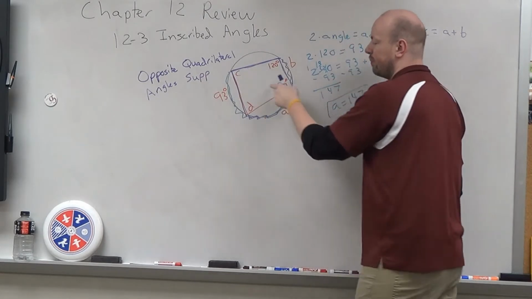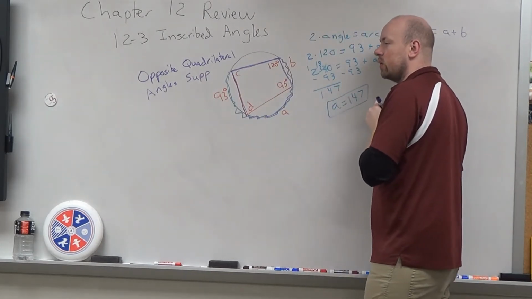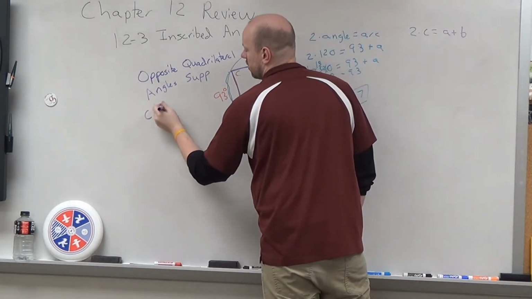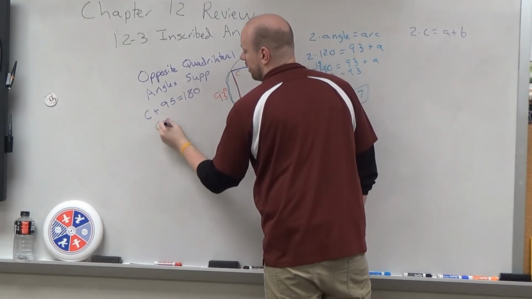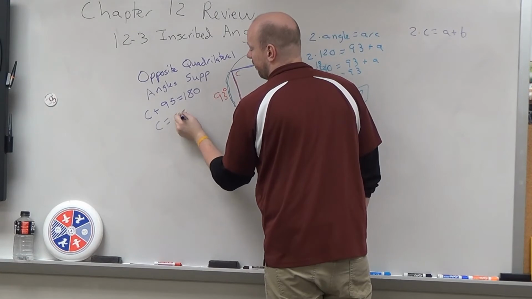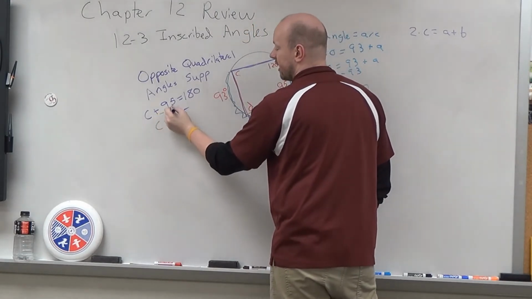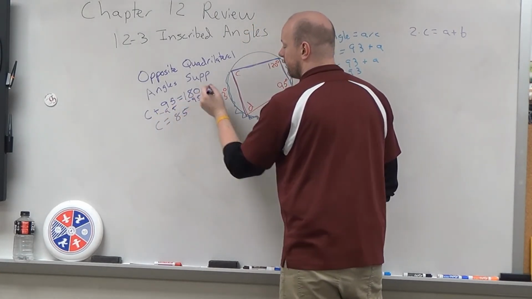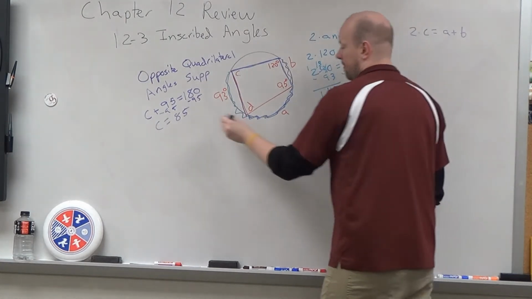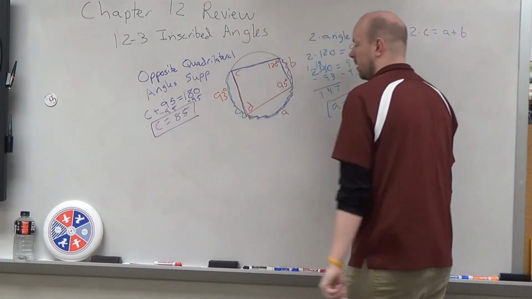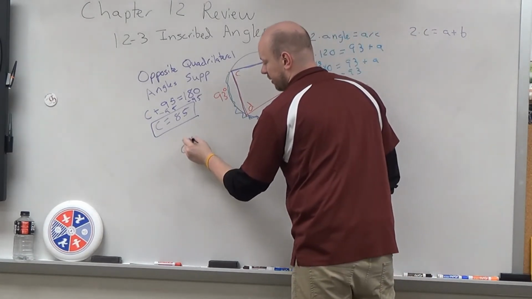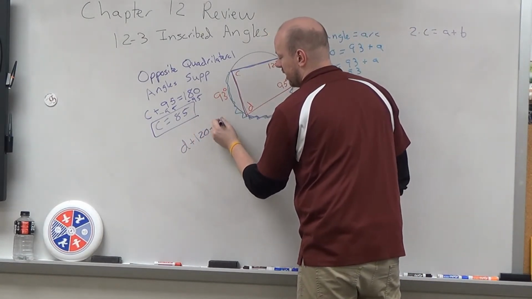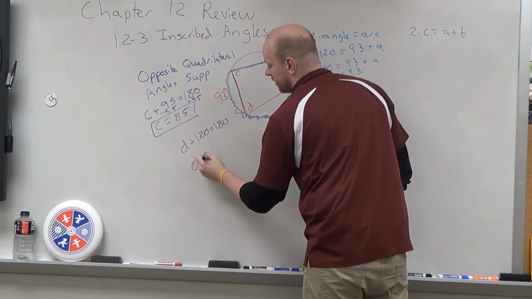So C plus 95 has to equal 180. Therefore, C would be 85, because I can just subtract 95 from each side. And the same logic would apply to D plus 120, so D plus 120 equals 180, so D is 60.